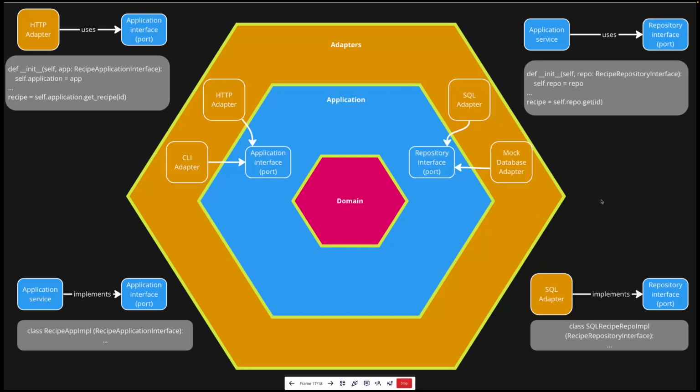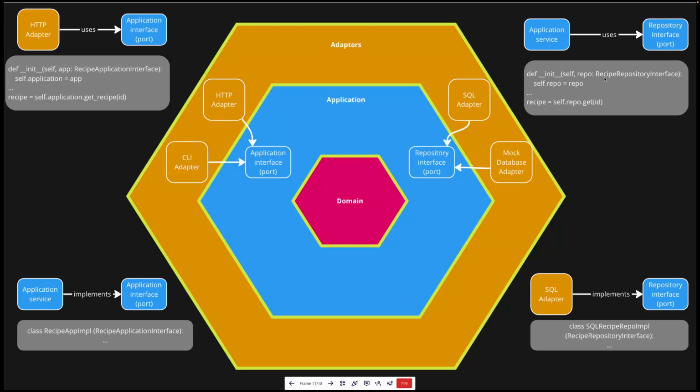On the right, we have kind of an opposite situation. So for ports which will be driven, which will be used by our application, the service will use a repository interface. And it can do it because, again, both are defined in the same blue area, in the application area.